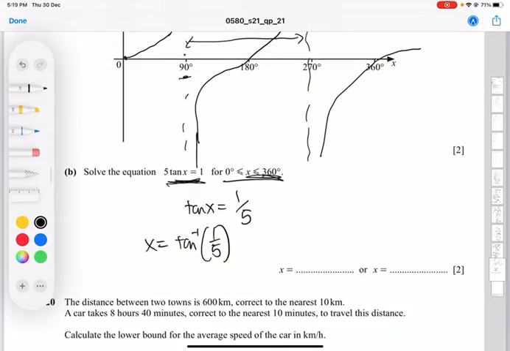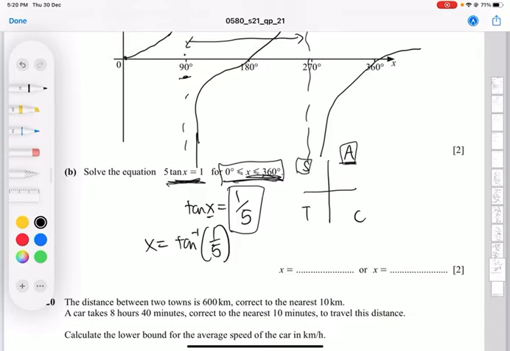You want positive values of the angle, and within this domain you need to look at a unit circle. Remember the unit circle has ASTC, meaning for this part all the values are positive. This part only sine is positive, this part tan is positive, this part cosine is positive.